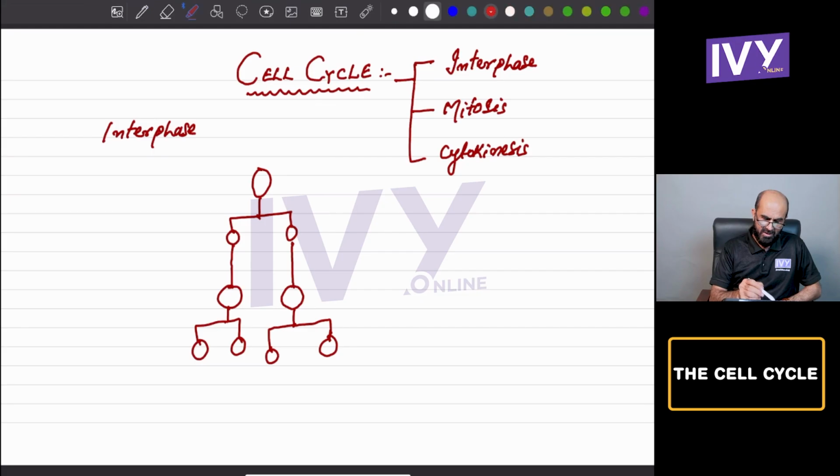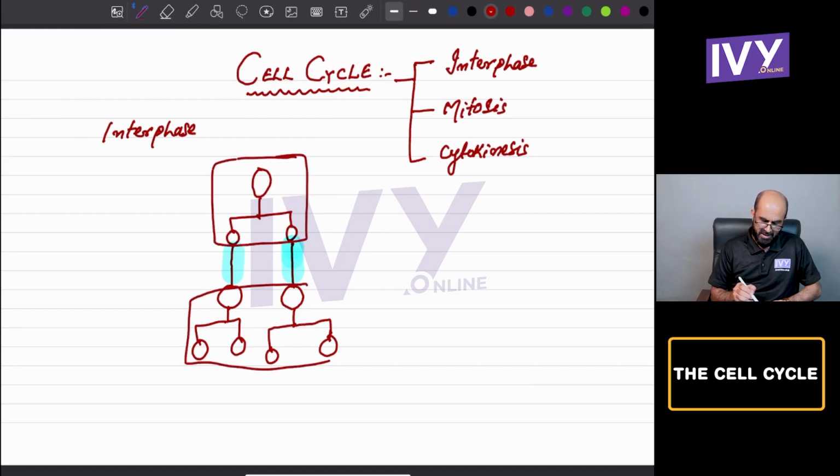These stages are actually interphase between two cell cycles. One cycle is completed here and the other cycle is starting here. So the phase between the two is called interphase.